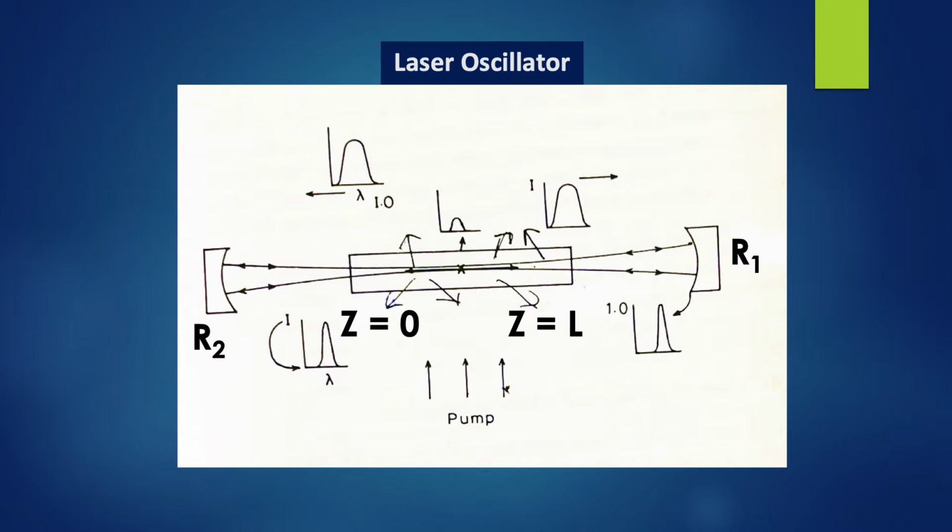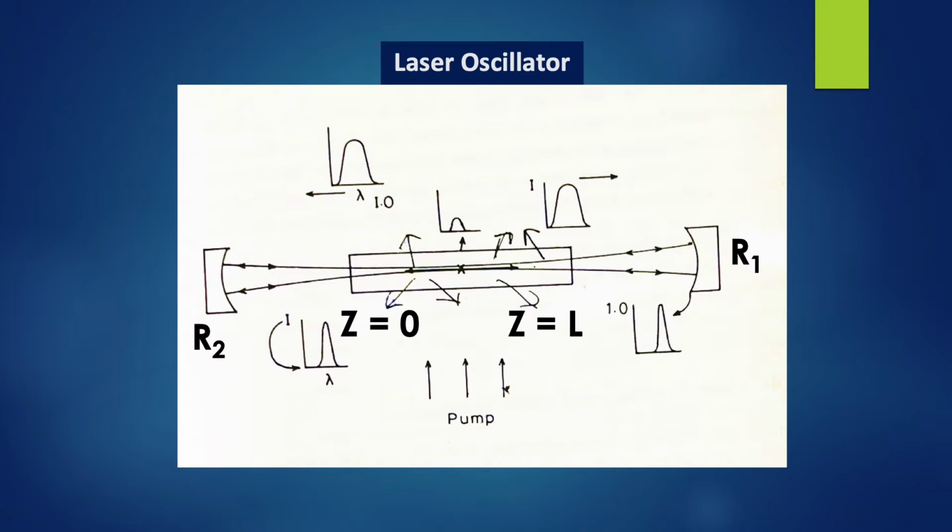Then there are two mirrors at the far sides along the z axis, capable of reflecting light of only one narrow bandwidth. One of them will be 100% reflecting, the other about 80% or 90% reflecting. This is the general configuration of any laser oscillator.